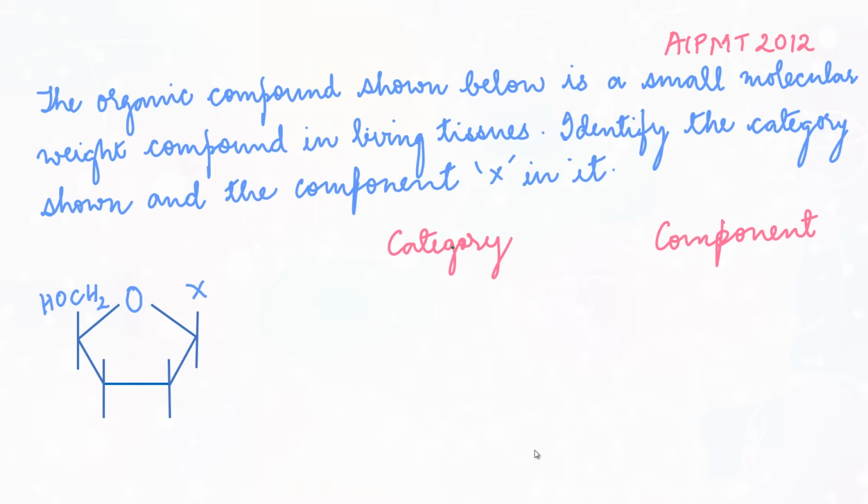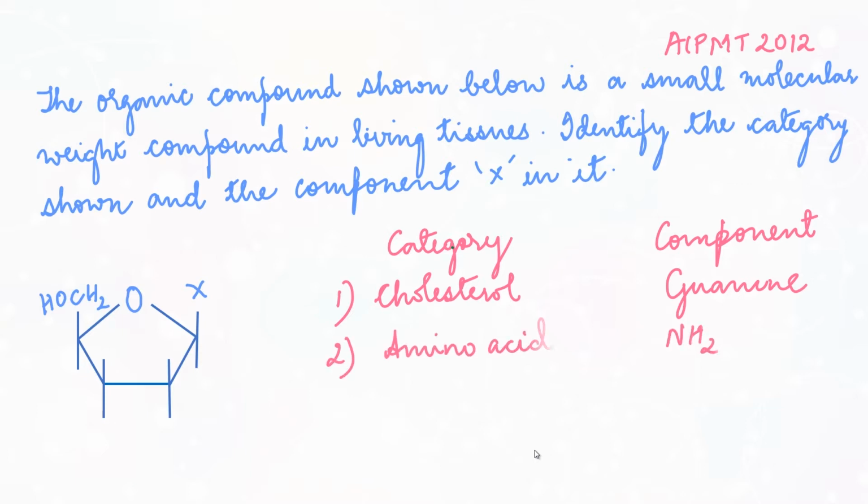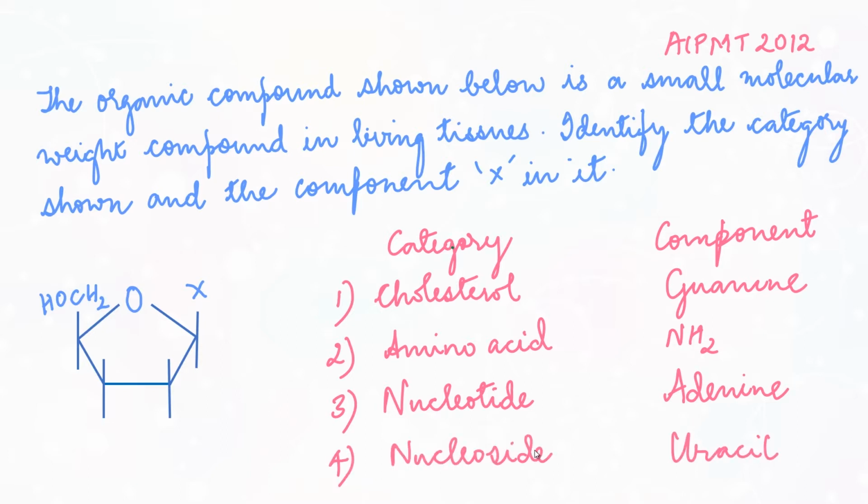Option number 1 is cholesterol and guanine. Option 2 says the category is amino acid and the component is the amine group. Option 3 says it's a nucleotide with adenine as X. And option 4 says it's a nucleoside with uracil as X.